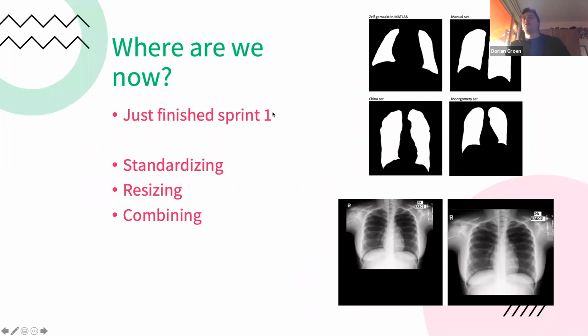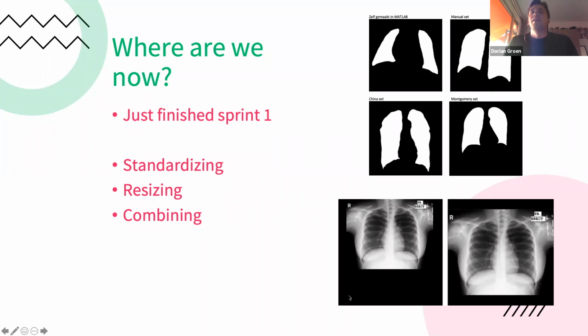So where are we now? Where are we standing in this project? We just finished the first sprint. We've been working on this for two weeks. This consisted of manually drawing masks because our data set didn't provide enough COVID positive images with masks, so we thought it was a good idea to expand on that.